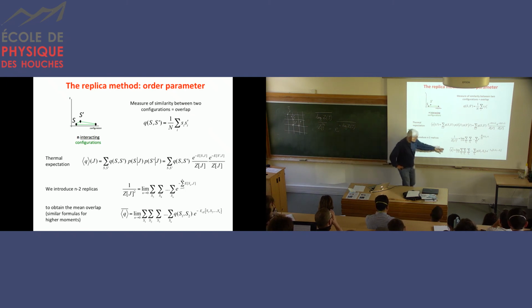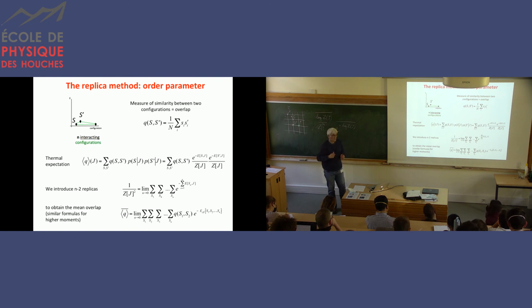Then I can write the average value of Q as the limit when n goes to 0 of a sum over n copies: 2 of them are needed to compute Q, and n minus 2 are needed to compute the normalization. And then I average over the disorder. So you see, it's again and again the same idea. But this is a nice order parameter because it tells you something about the similarities between your configurations.